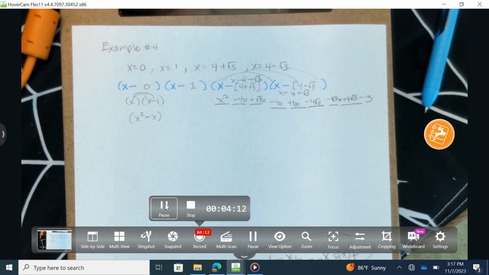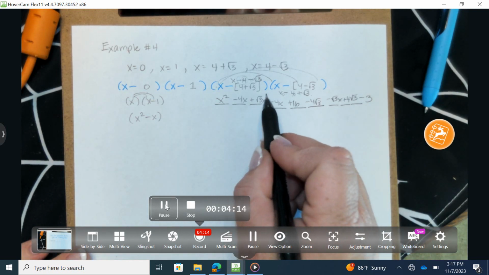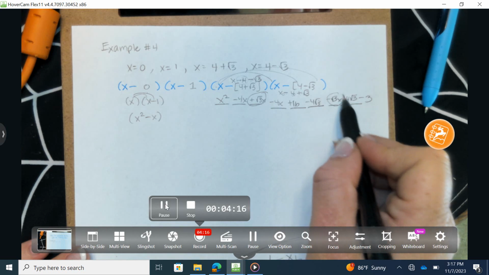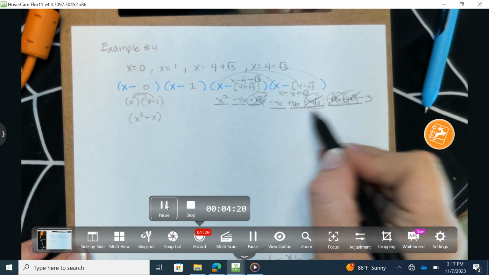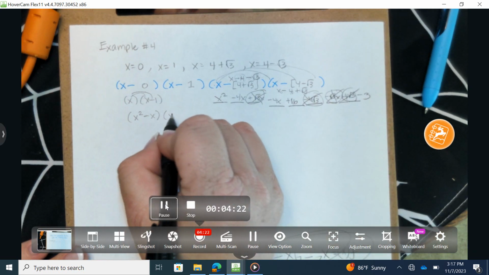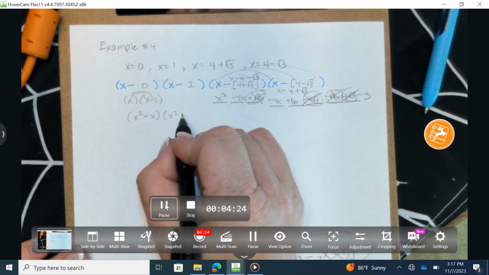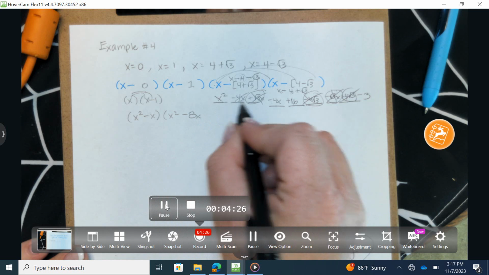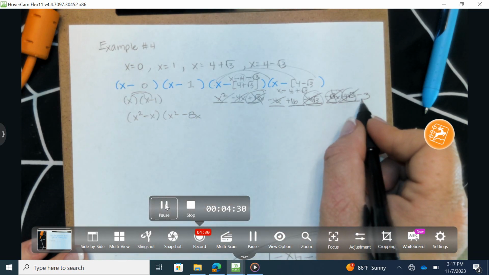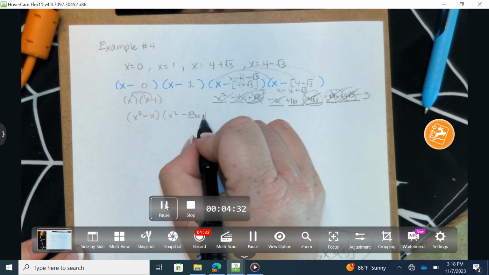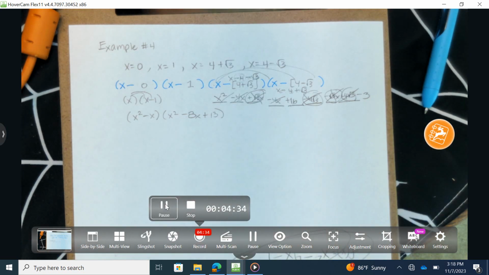Let's look for additive inverses. So here I have a positive and a negative. And here I have a positive and a negative, and I'm left with x squared minus 8x, positive 16, and negative 3 would give me a positive 13.